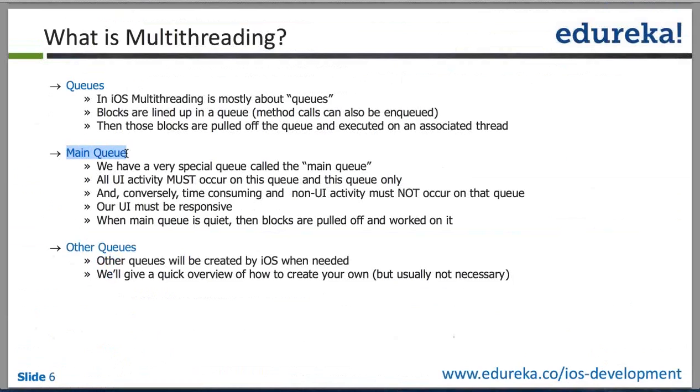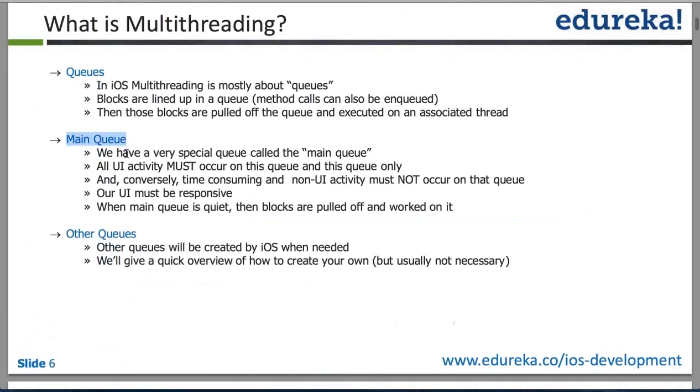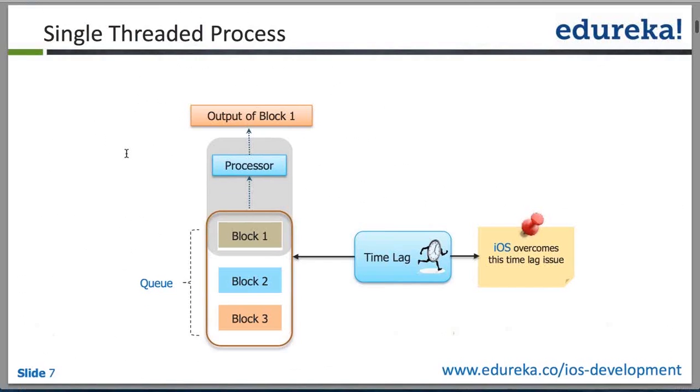which will be a better user experience. So why do we need a multi-threaded process here? In a single-threaded process, if you have a single processor and whatever functions or methods you are giving it, they will be inside a queue and everything will be run one after the other.